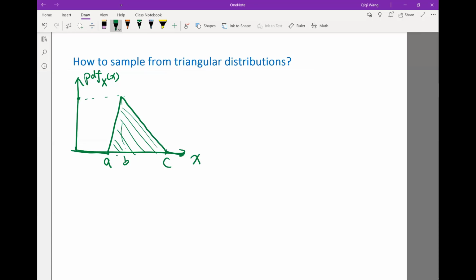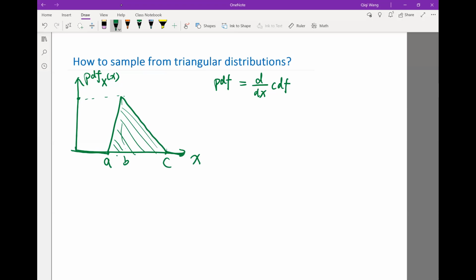Because the PDF is the derivative of the CDF, and the CDF is equal to 0 when x is minus infinity and equal to 1 when x is plus infinity, the integral has to be 1.